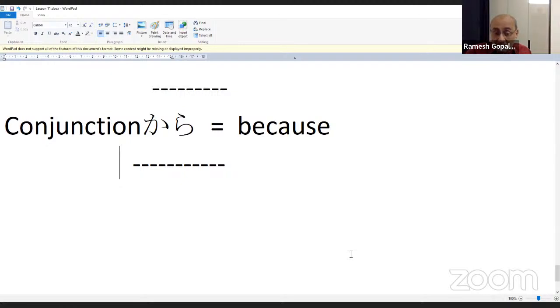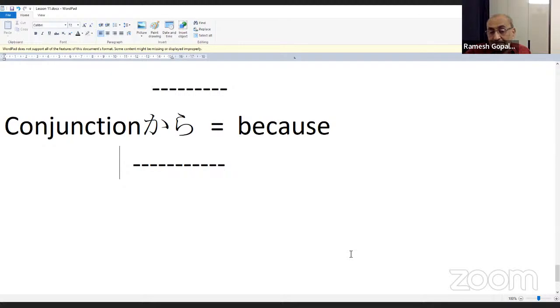Ice cream ga suki desu kara, ice cream o kaimasu. It means because I love ice cream, I'm fond of ice cream, I'll buy ice cream. I'll buy ice cream because I like ice cream. So kara connects these two sentences.